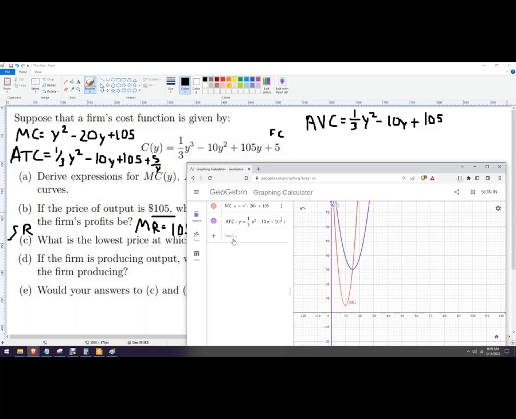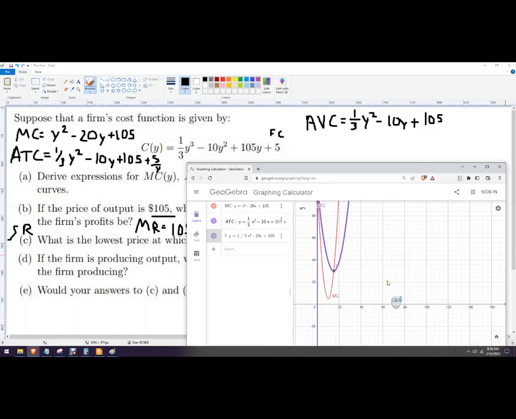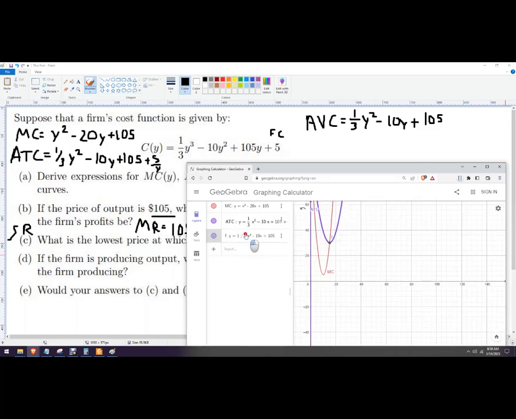All right, and then average variable cost is, again, y is the functional form, 1/3 x squared minus 10x plus 105. And where did that guy go? Something's wrong here. Oops. You have to delete that whole thing there.